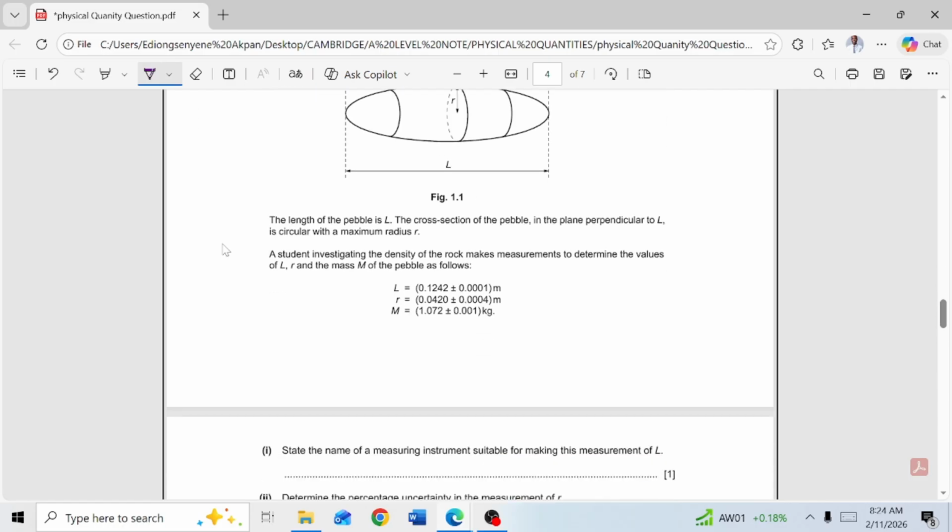The length of the pebble is L. The cross-section of the pebble in the plane perpendicular to L is circular with a maximum radius R. A student investigating the density of the rock makes measurements to determine the values of L, R, and the mass M of the pebble as follows.